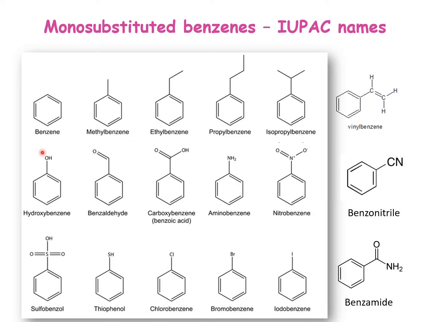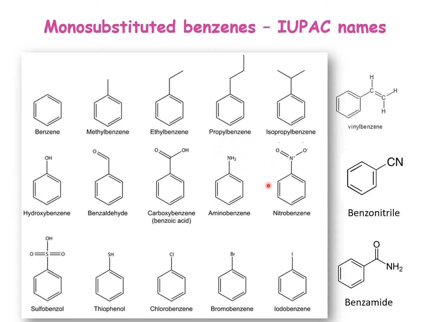If we have a substitution of OH, that is a hydroxy group, then it is called hydroxybenzene. We can also add benza or benzo as a prefix rather than writing this as a suffix. So if we have substitution of a carbonyl group, we can name it as benzaldehyde. If we have substitution of a carboxylic acid group, then it becomes carboxybenzene or benzene carboxylic acid.